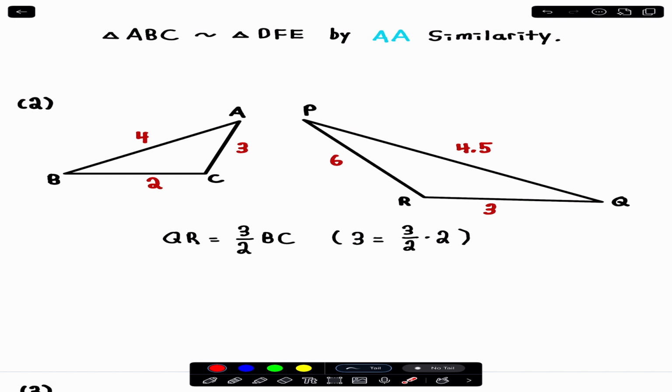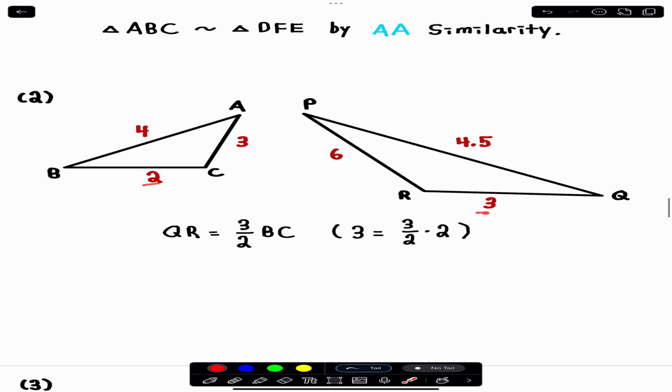So basically, the side lengths of this bigger triangle are 3 over 2 times each corresponding side of the original triangle, this triangle over here. So 2 times 3 over 2 gets you to 3. 3 times 3 over 2 gets you to 4.5. 4 times 3 over 2 gets you to 6. So indeed, there is a nice relationship between these two triangles.